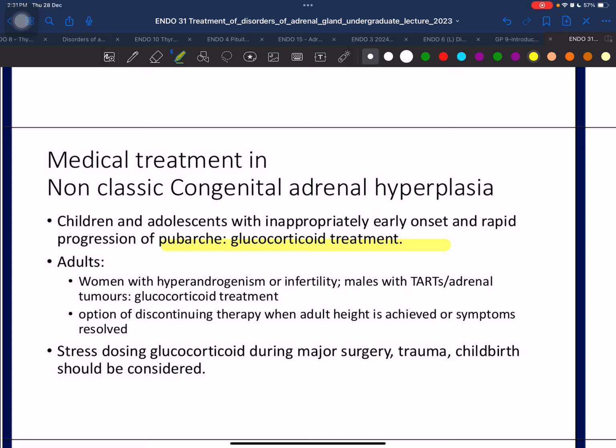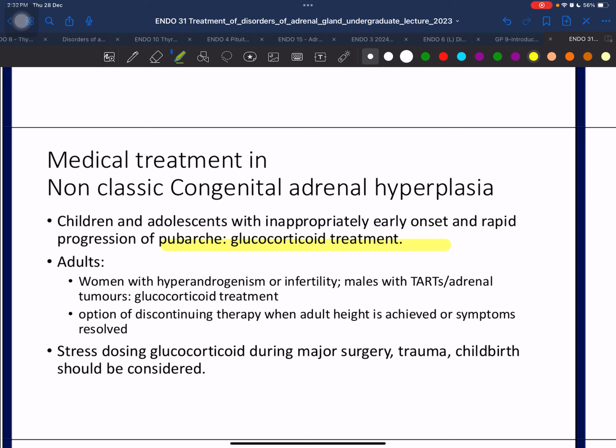Okay. So women with hyperandrogenism or infertility, males with TARTs or adrenal tumors, they need to be started on glucocorticoid treatment, and they might be able to stop treatment when height is achieved or symptoms have been resolved. So again, it's a case-to-case basis. And remember to give stress dosing during periods of stress for the same reason as before. Okay?